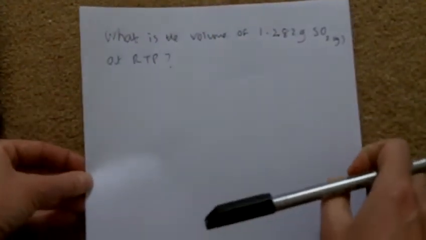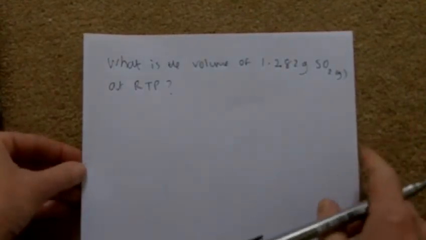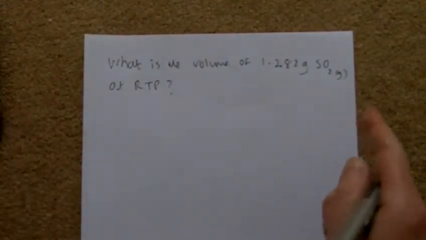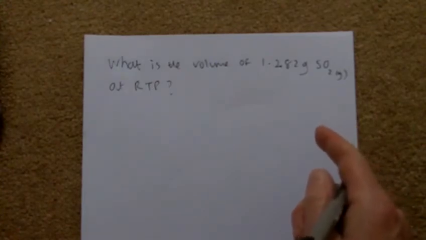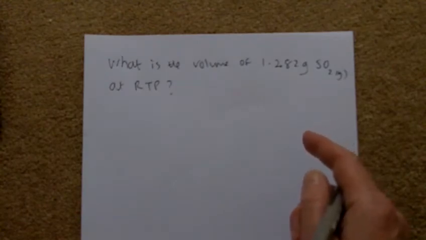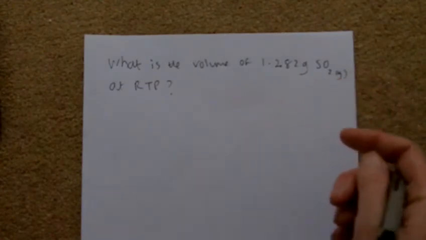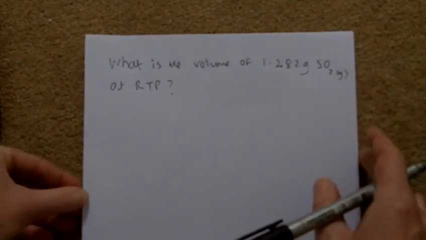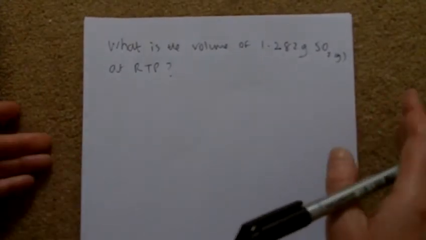You've got two choices now. You can press the pause button and have a go at this yourself using those two equations: moles equals mass over molar mass, and moles equals volume of a gas divided by 24 decimeter cubed. Then you can check your answer in a few moments, or you could just watch how I do this first question. But I think you should pause it.